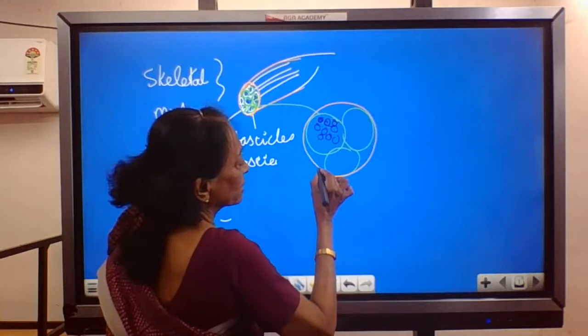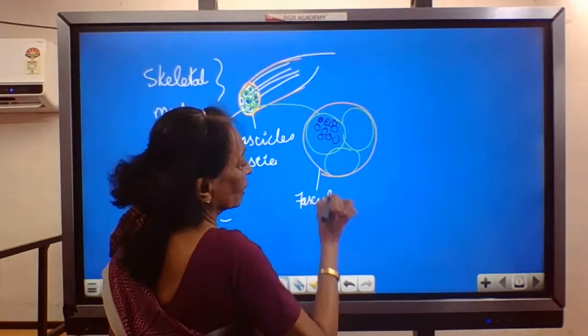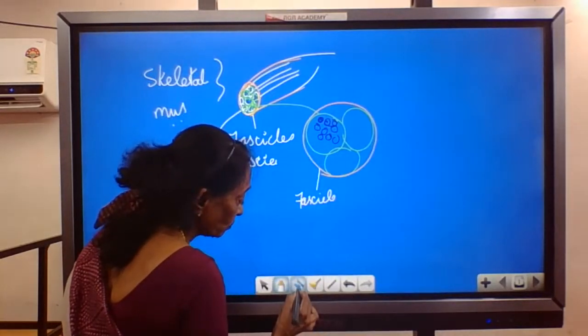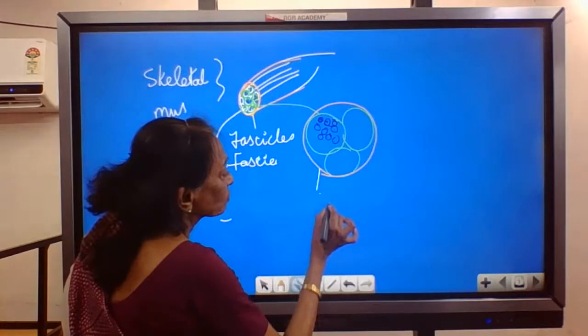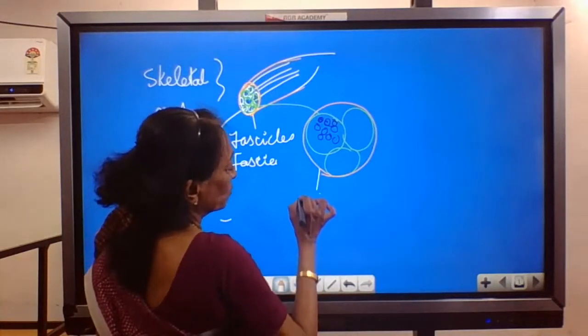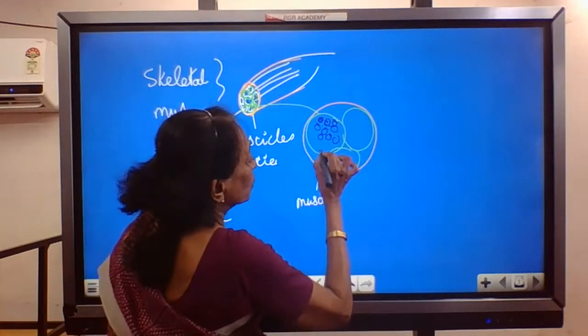The entire thing is a fascicle. The entire thing is a muscle bulk. Now each bundle, this round, is a fascicle.